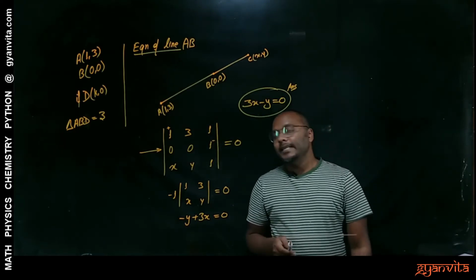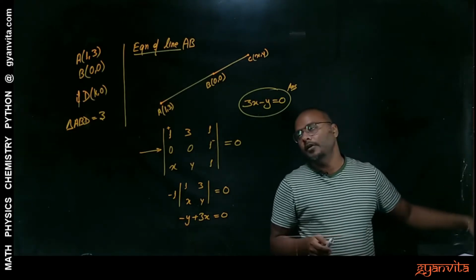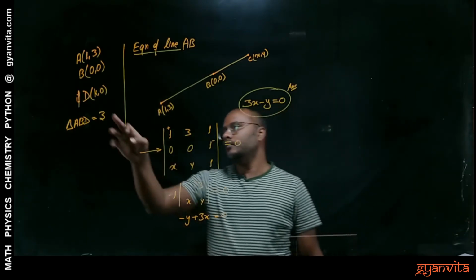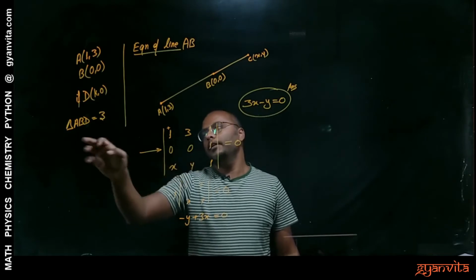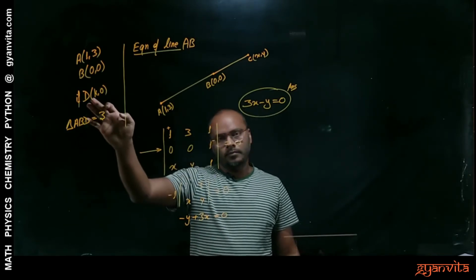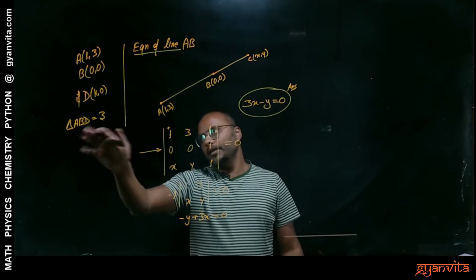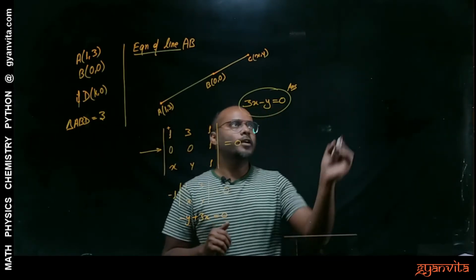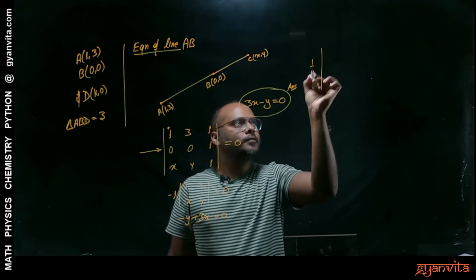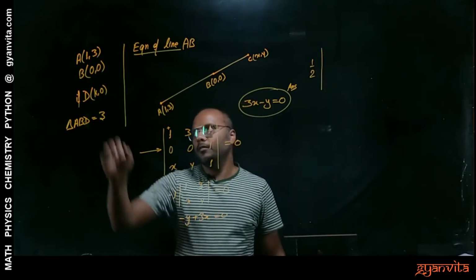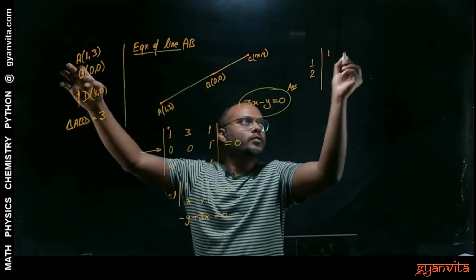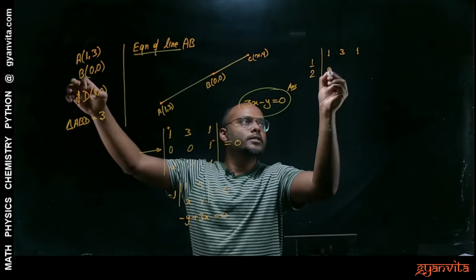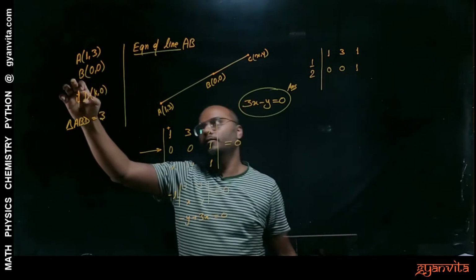Next we have to find the value of k so that the area of triangle ABD, where D is k comma 0, is 3. So what is the area of ABD? It will be half into this determinant, where the first point is A, so let's write it as 1 3 1. Second is B, which is 0 0 1.